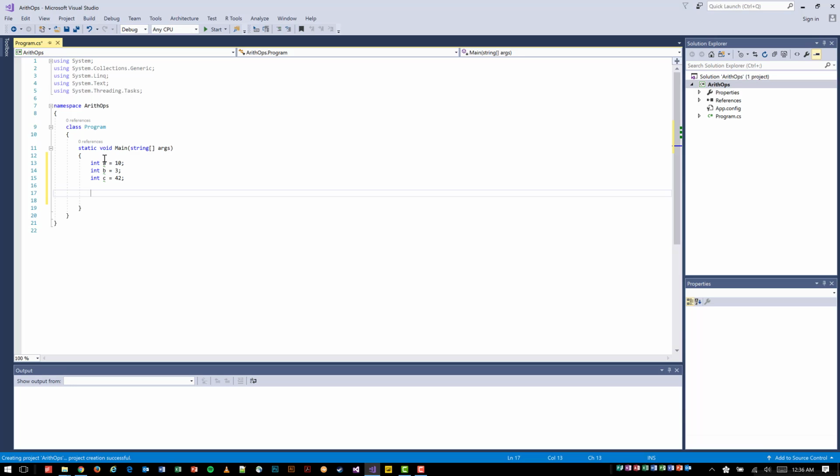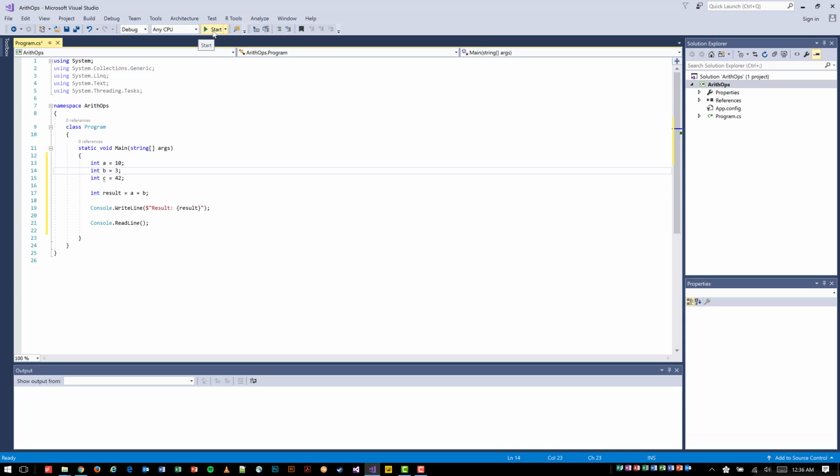So here I will just do a console.WriteLine. That's how we're going to show our result, and a console.ReadLine. And what we will do here is create a new integer, result. First, we're going to do just a simple a plus b. So the result is a plus b, and then display the result.